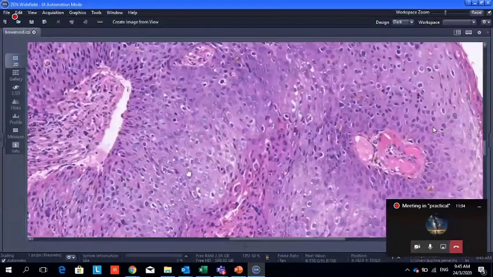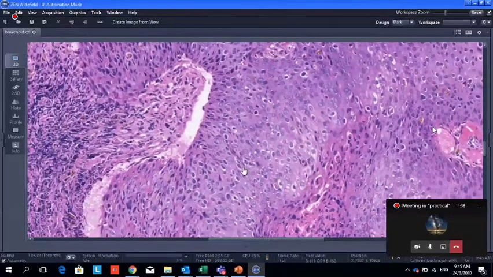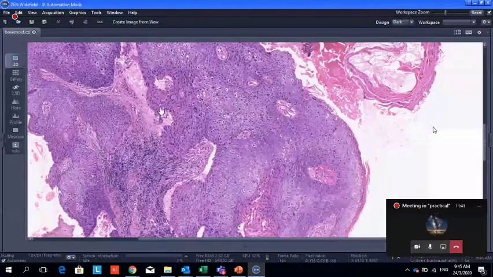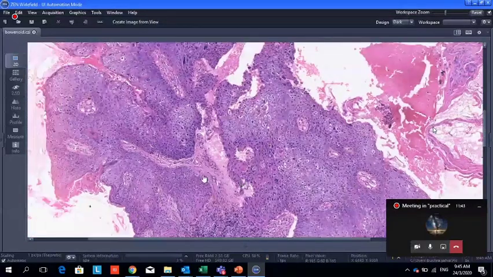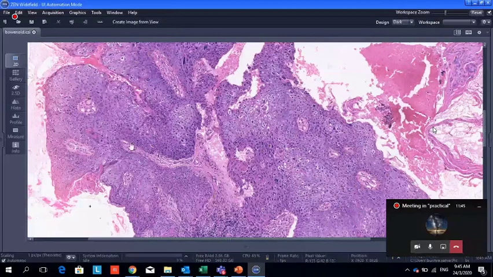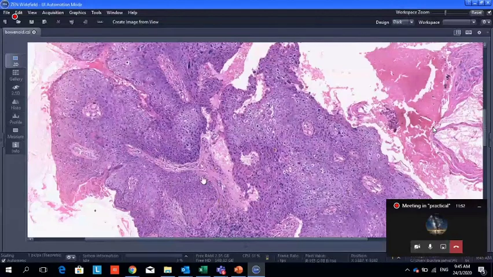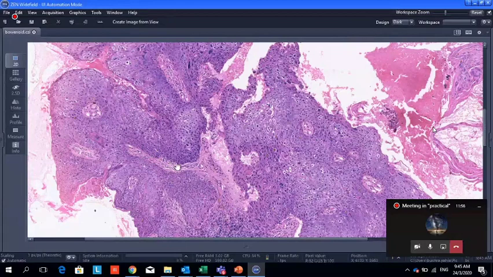But here, what is the one thing very important? Intact basal layer, I mean the basement membrane.